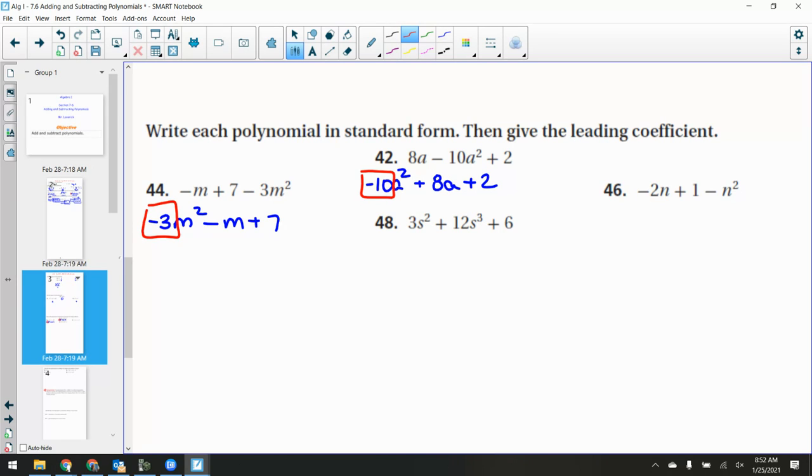Number 46, negative n squared minus 2n plus 1. So my leading coefficient would be negative 1. And number 48, 12s to the 3rd plus 3s squared plus 6. So my leading coefficient would be a 12. Questions on any of those? We're good there?